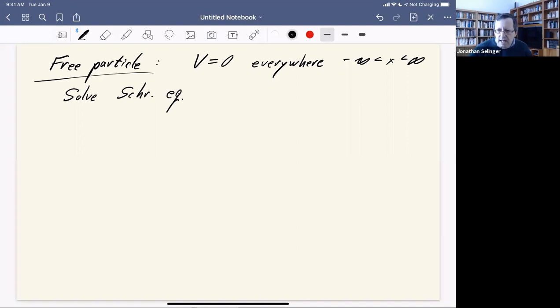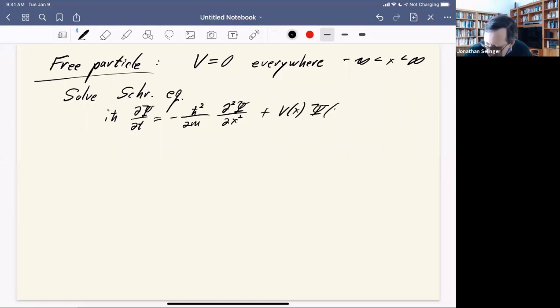We have this time-dependent Schrodinger equation: i h bar d psi dt is negative h bar squared over 2m times the second derivative with respect to x, plus V times psi. But look how nice, this V is just 0. So this is what we want to solve.